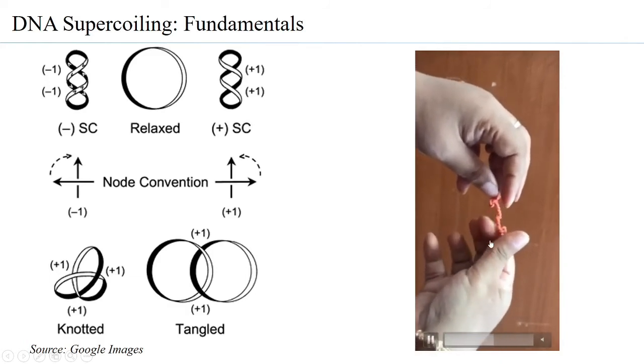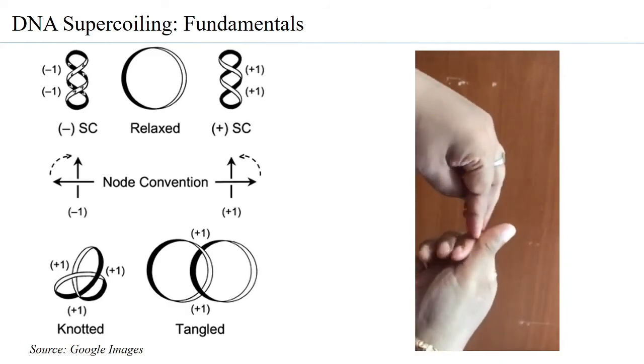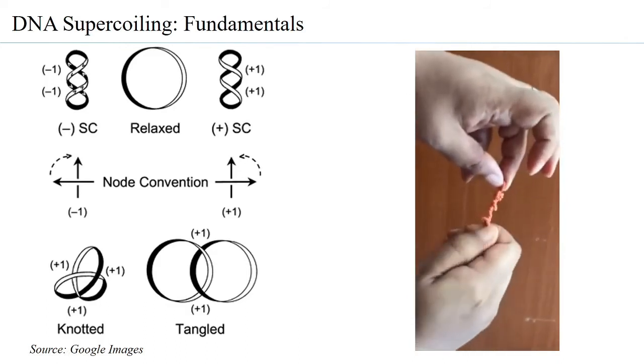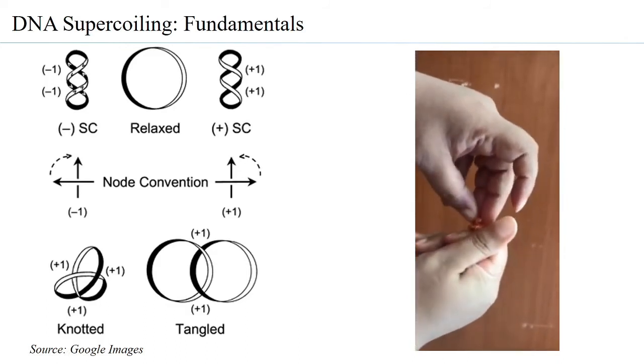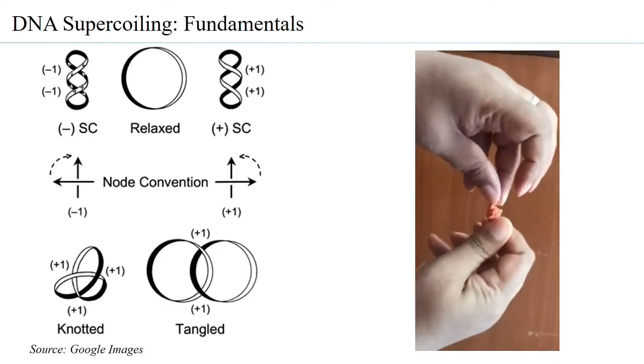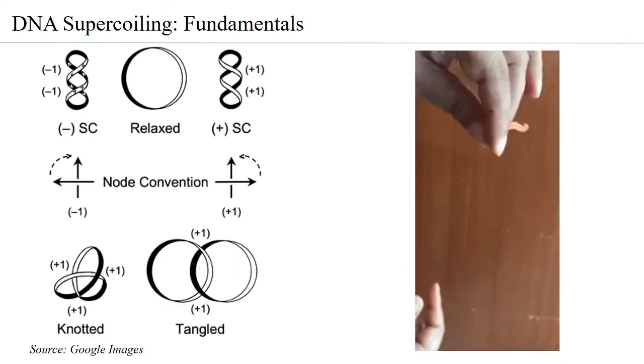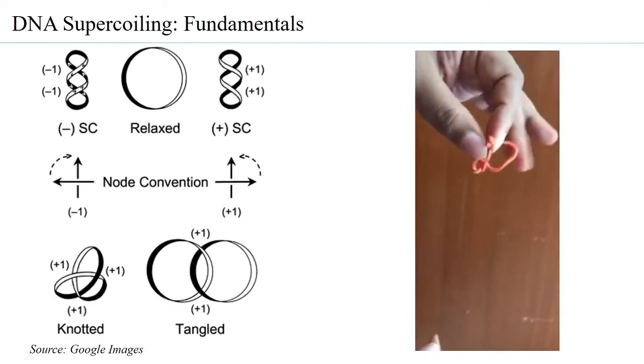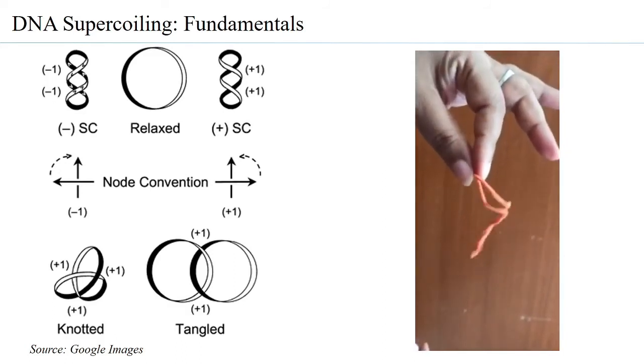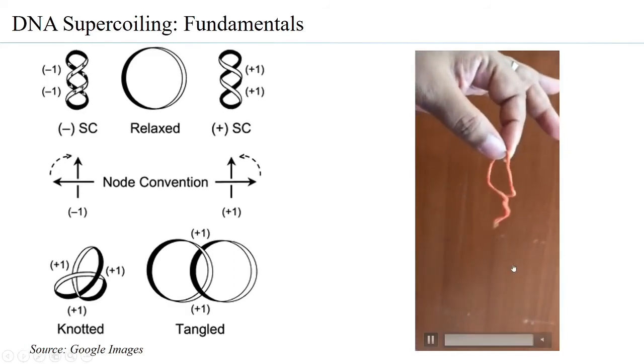But you can keep twisting it, and as you keep twisting it, you will see that it becomes a small compact ball. So do you know what is happening? The twisting of the DNA has led to it becoming a very compact structure. When you release this twist, again you will get back the original form. So you will find that twisting, or the supercoiling, makes the DNA more compact.